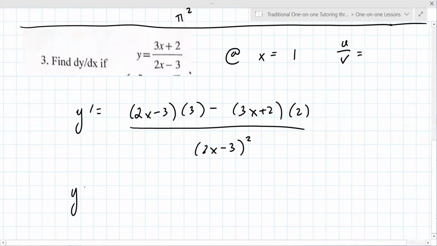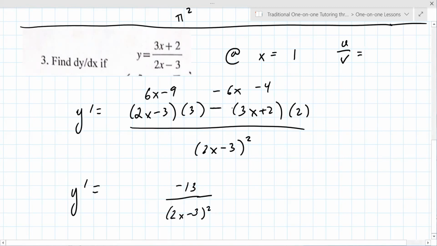What did you decide to do here, if anything? I just combined, so I did 2x minus, well, first I distributed. Yeah. So you got like 6x minus 9. Oh wait, I only distributed to the 3. That's where I went. Okay, so it's 6x minus 9 minus 6x plus 4, right?